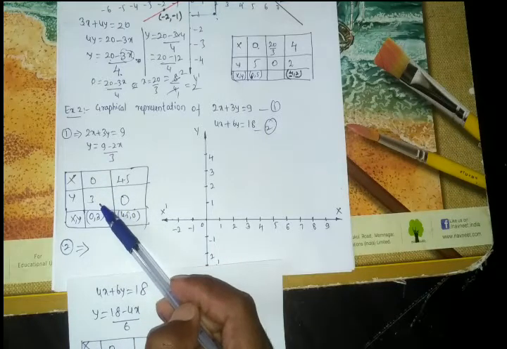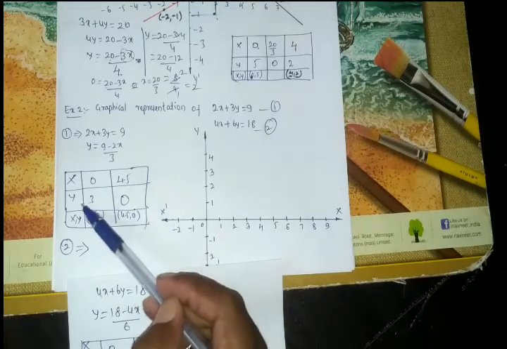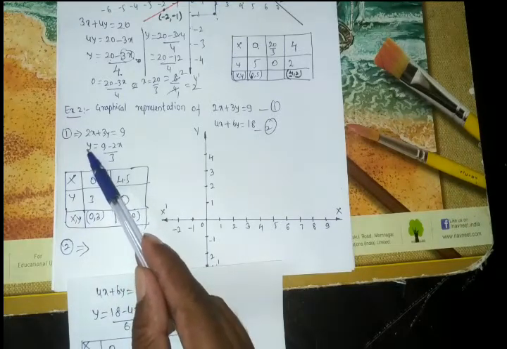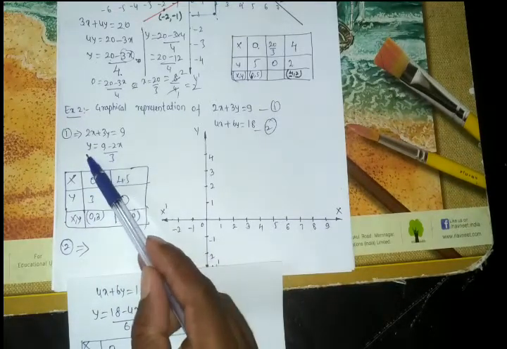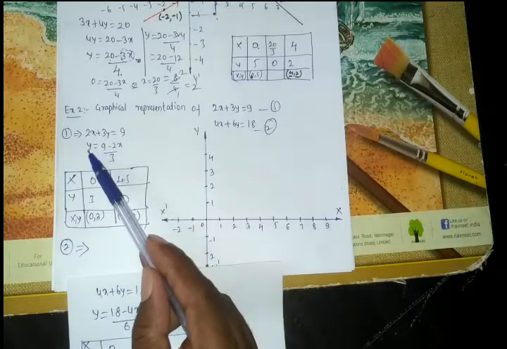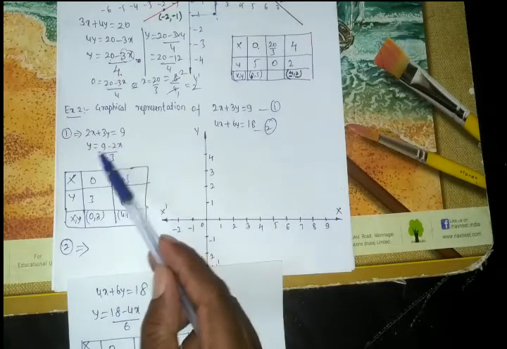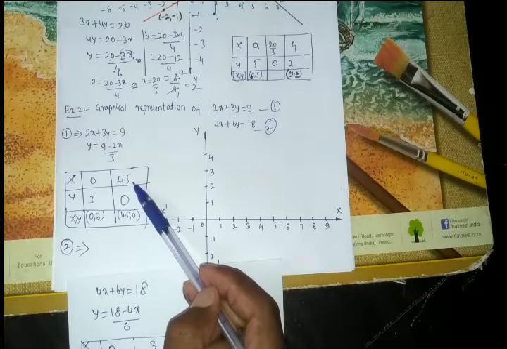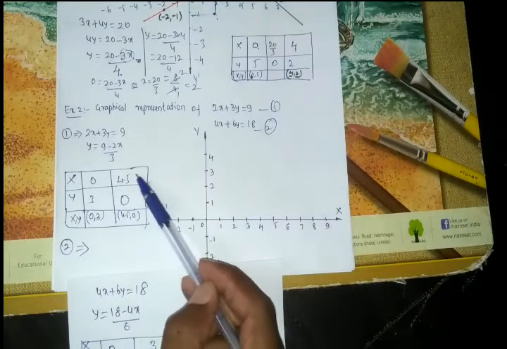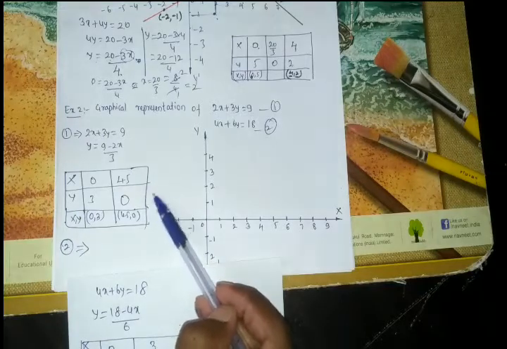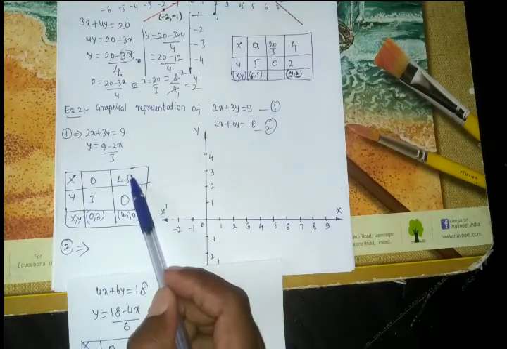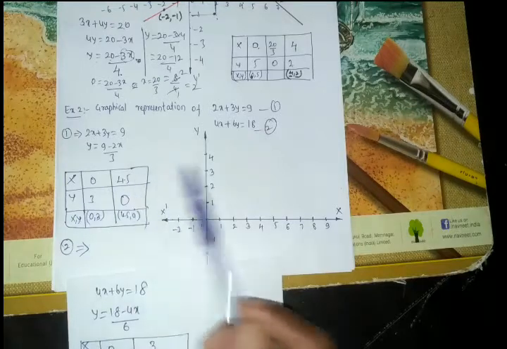So (0, 3). And when you put y as 0, 9 equals 2x, or x equals 9 by 2, which is 4.5. You can select any random values for x, and you will get the corresponding value of y.